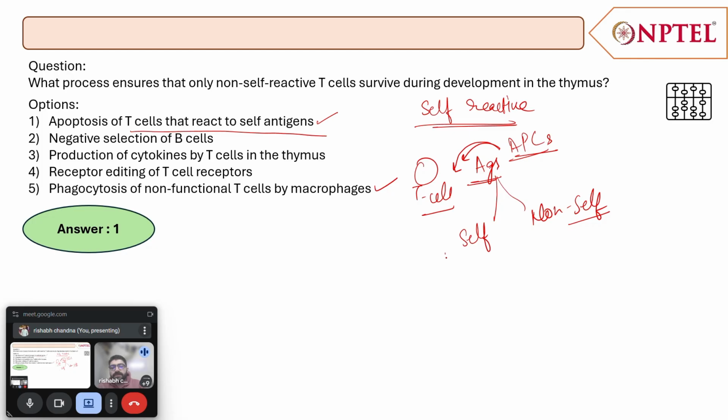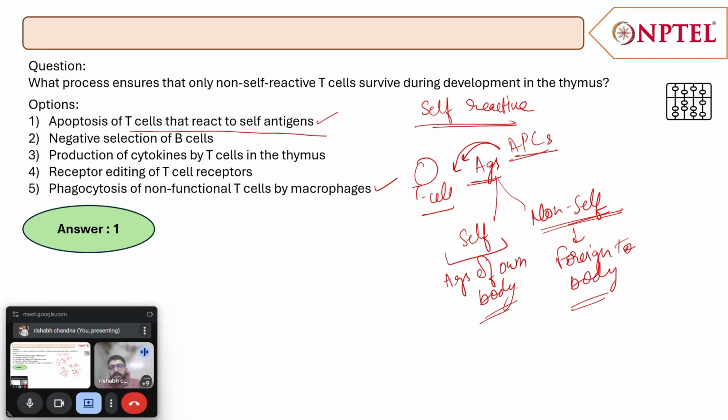Self antigens means the antigens of our own body, and non self antigens are those that are foreign to the body. So both of these antigens are presented to the T cells.